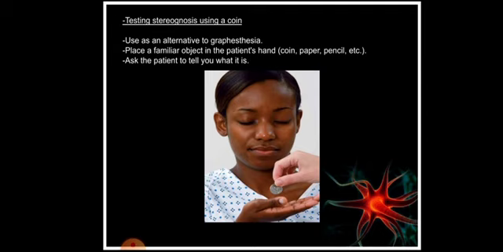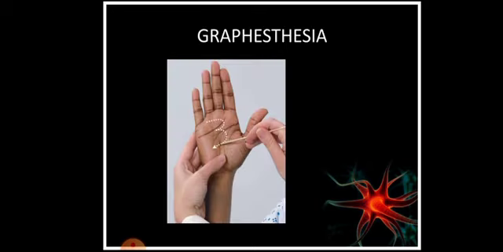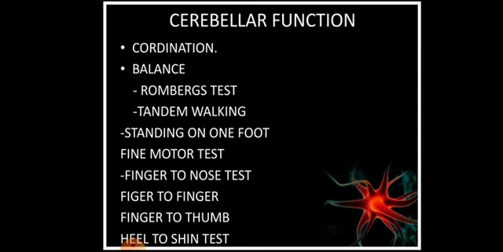Then next, testing stereognosis. For that you can give an object to the patient and ask the patient to identify it. Then next is graphesthesia. You can write a number or anything in the hand and ask the patient to say what you have written.